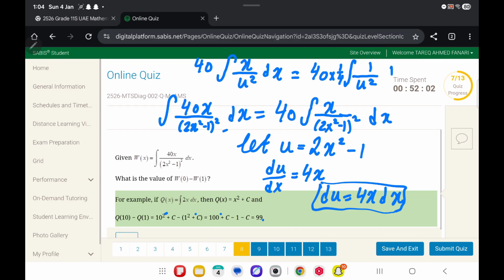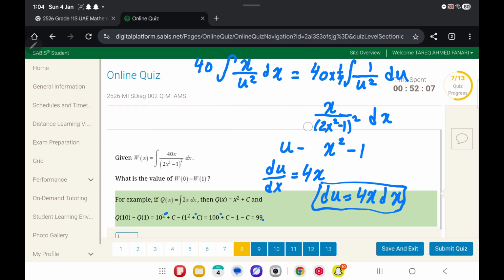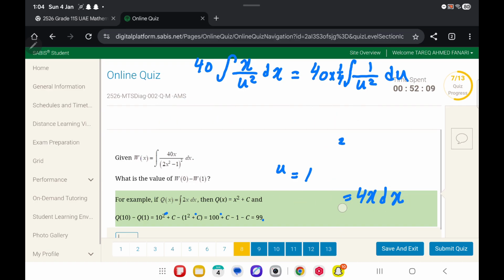So I'm going to write 1 over u squared du. Now all of this, I don't need it anymore. This whole thing got condensed into one sentence. Now, 40 times 1 over 4, this is just 40 over 4, which is what? 10. If you have trouble with this, do it on a calculator, you'll get 10.